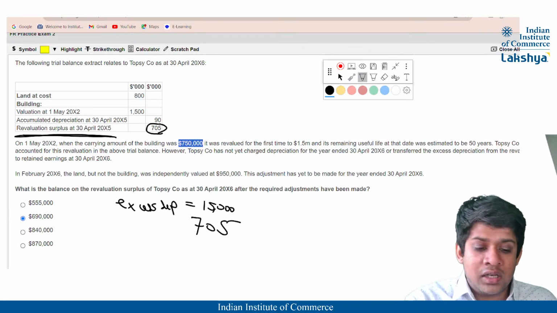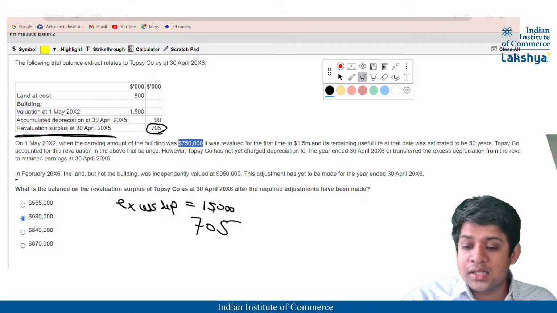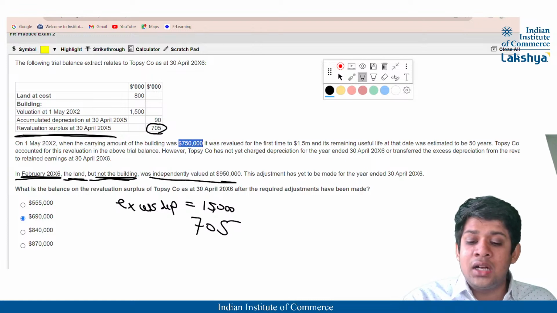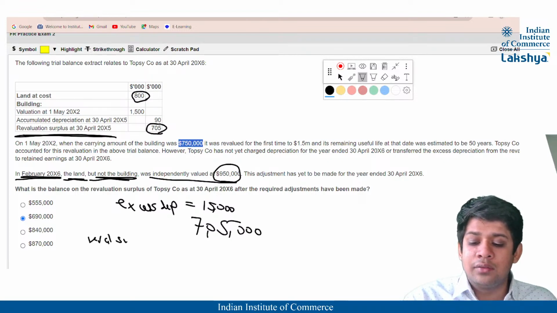Yes, in February 2016, the land, but not the building, was independently valued to $9,50,000. Its value was 8 lakh, but it got revalued to $9,50,000. So 7,05,000 is the opening balance. My land got revalued, so there is a revaluation surplus on the land, that is 9 lakh 50 minus 8 lakh, that is 1 lakh 50,000, right?